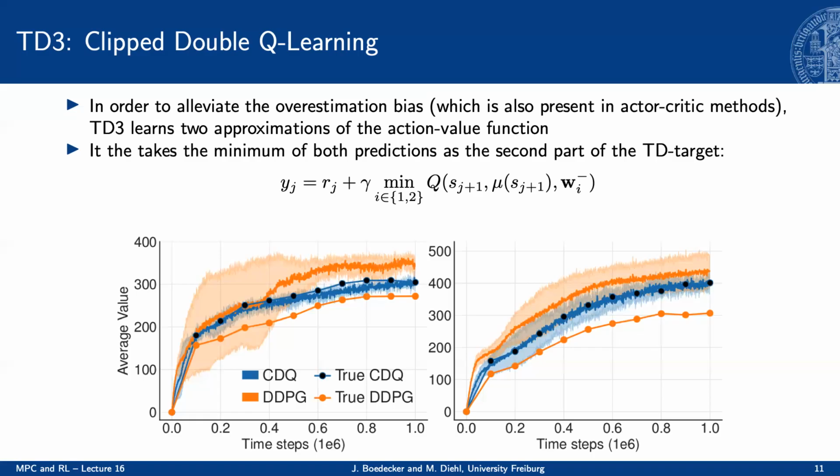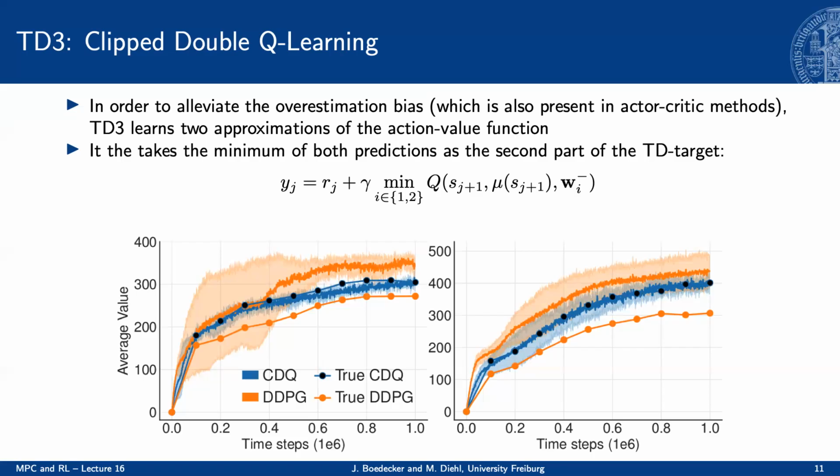Then you update these two Q functions again in different ways, so you don't have the same update always. This is the way that you implement this in TD3, and this can lead to better convergence, as we can see.